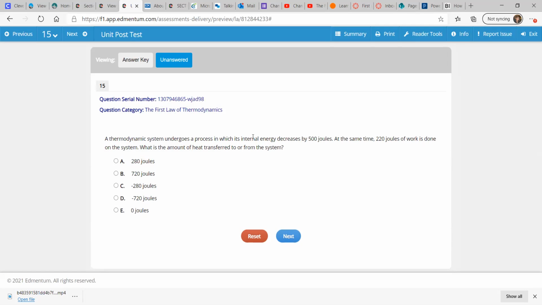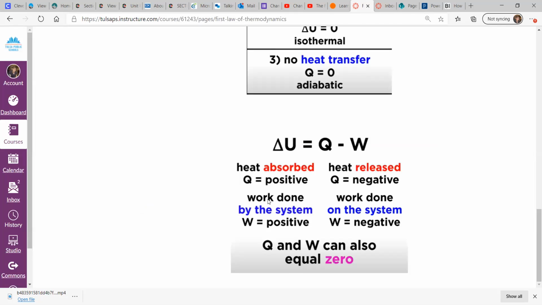So delta U is negative here, decreased by 500 joules. At the same time, 220 joules of work is done on the system. Now, if we go back, if work is being done on the system, W is negative, okay?